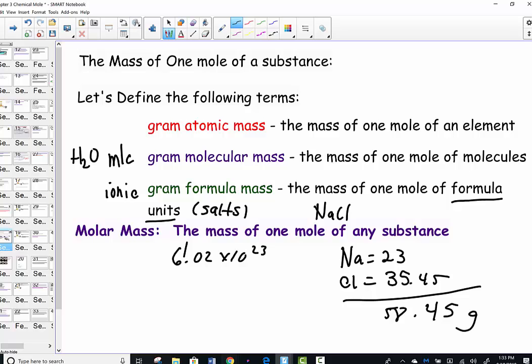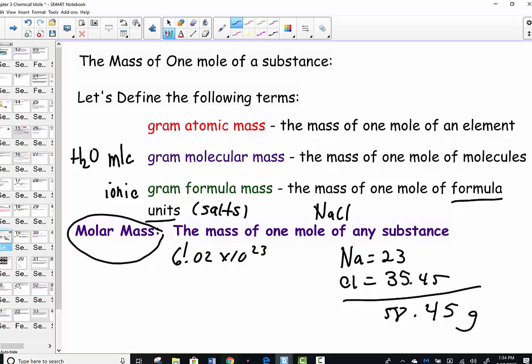It may or may not match yours if you have a different brand. So let's hit it and see if we get a common answer. I tend to use this word called molar mass. It's like the big umbrella to mean anything. If I don't want to be specific and let you know if it's an atom, a molecule, a formula unit, I can just call it the molar mass, and now I've accomplished all three of them.